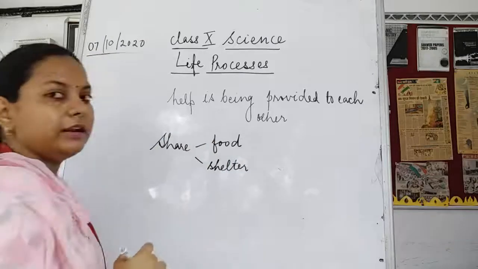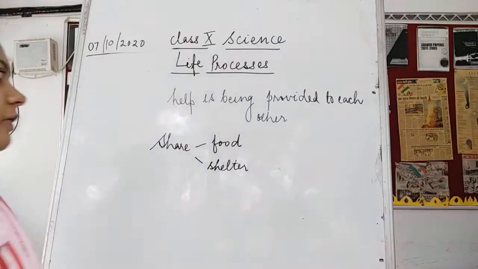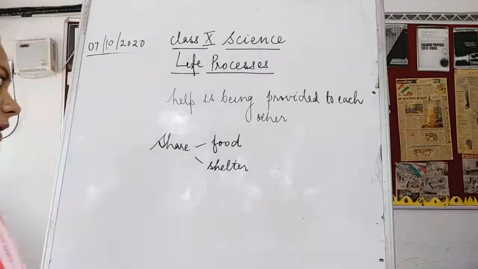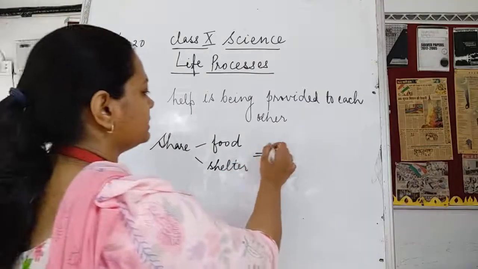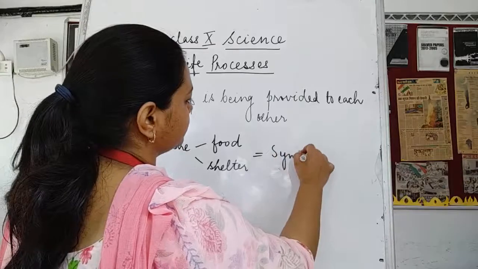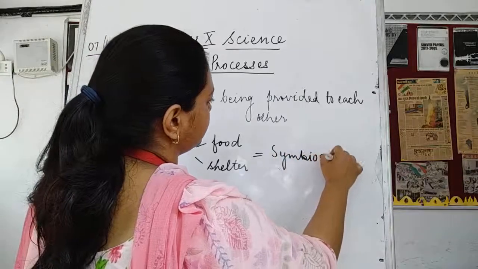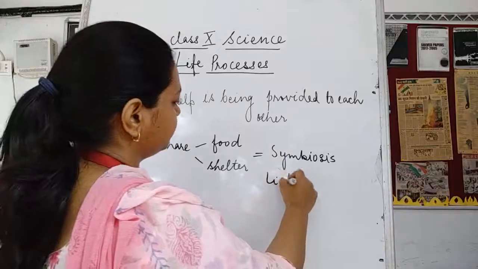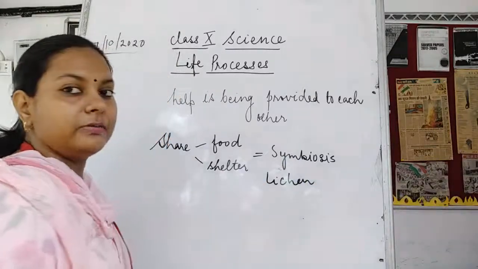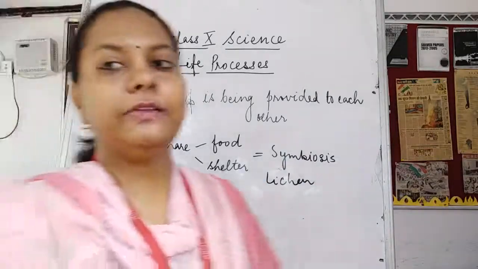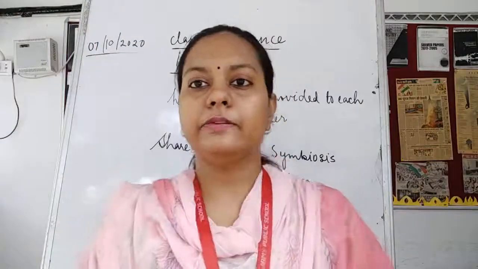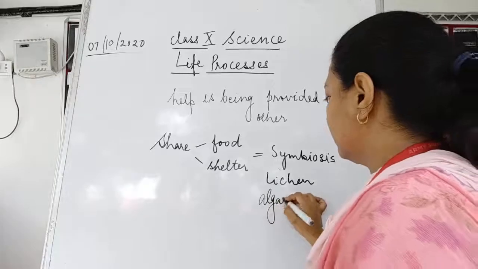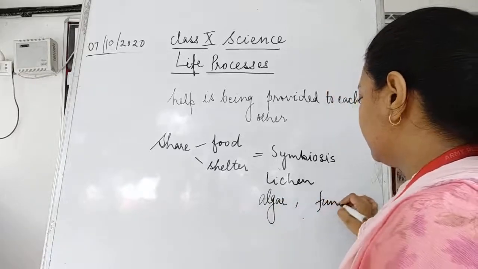And any relationship for benefiting each other by sharing food and shelter is said to be symbiosis. Here we studied the example of lichen, which is a modification of a plant where two members live together. One member is algae and the other member is fungi.